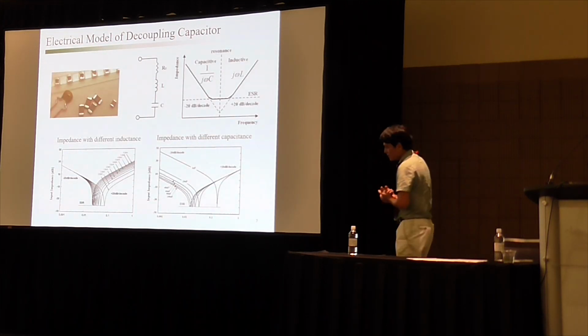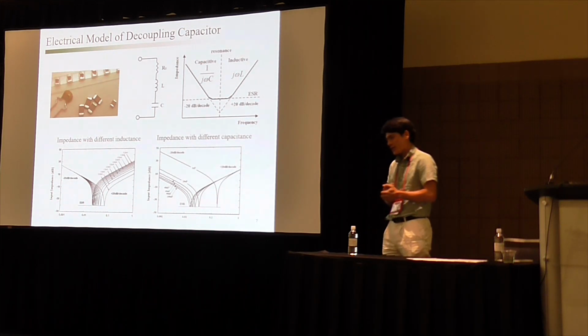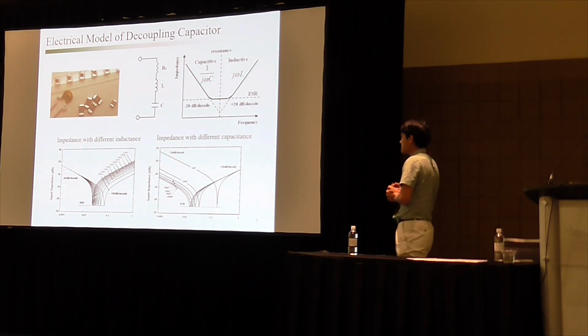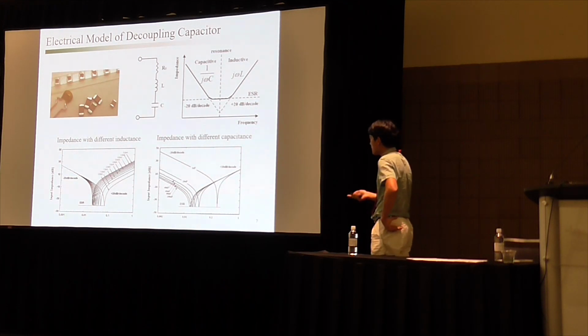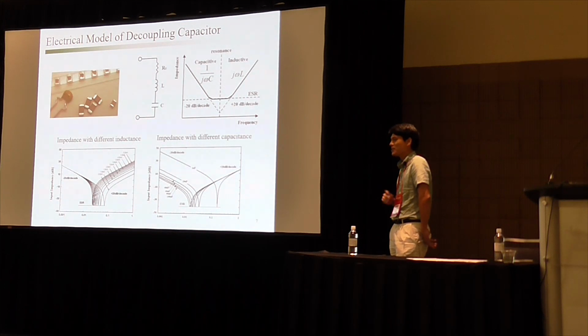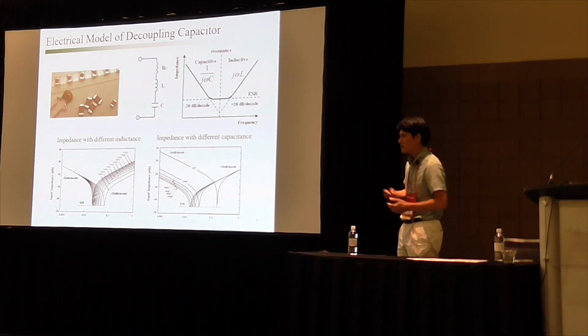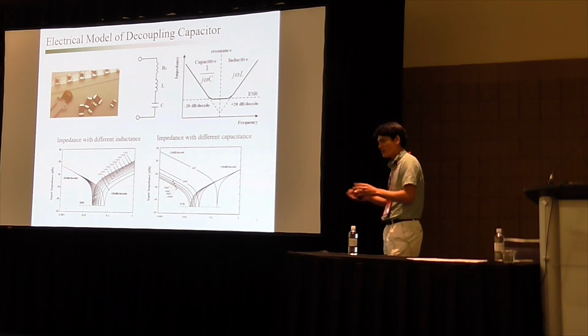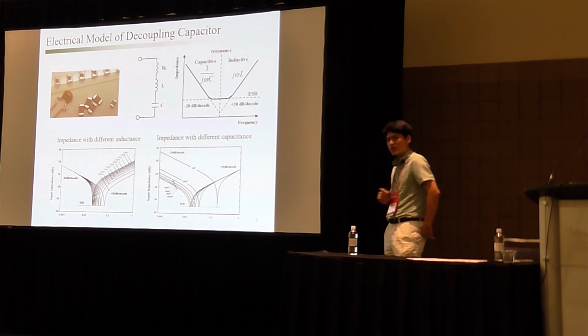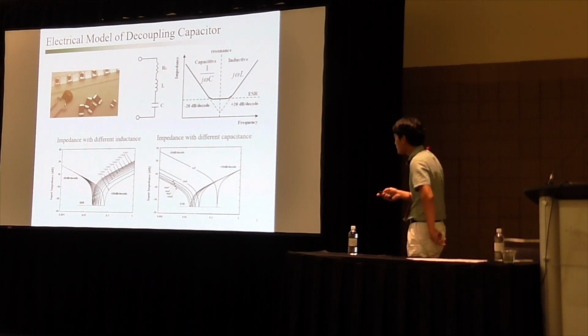So we need to think about the electrical characteristics of these decoupling capacitors. So a good thing in power integrity is that we just do LC circuit analysis, not electromagnetic wave things or complicated numerical simulation. We can just do a simple LC circuit calculation and get a quite good physical insight.